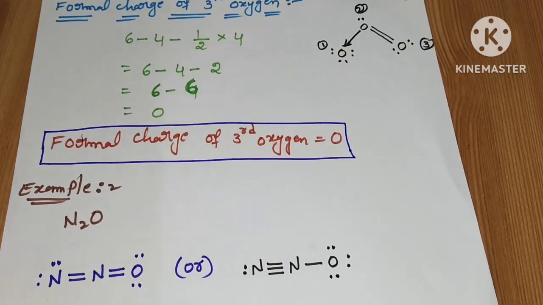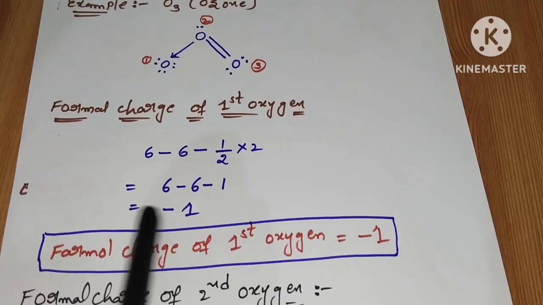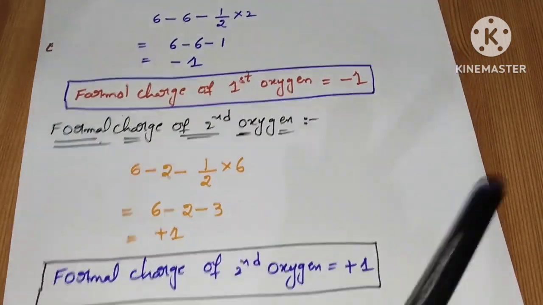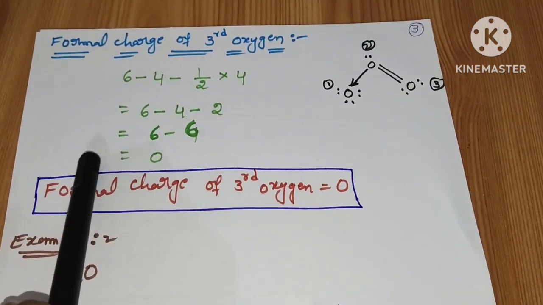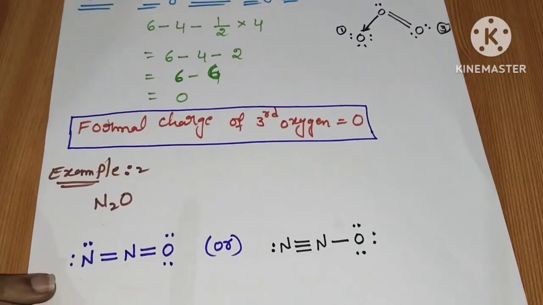So here the first oxygen has -1, the second oxygen has +1, and the third oxygen formal charge is 0.